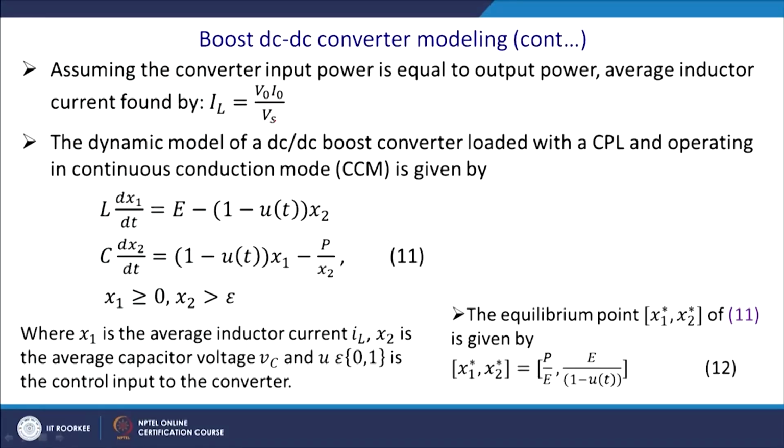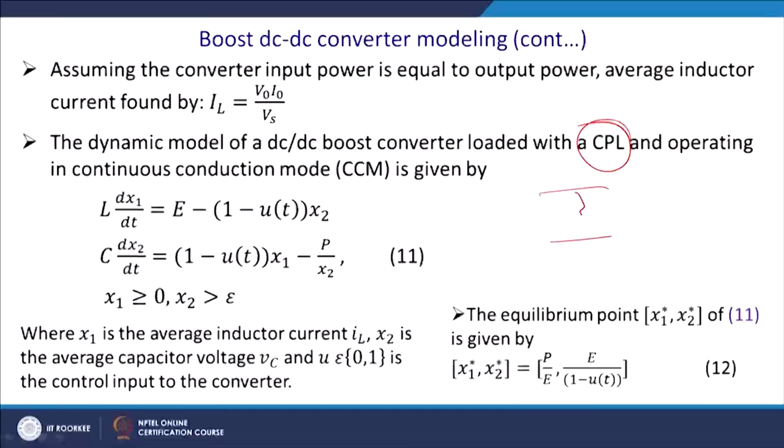The dynamic modeling of the DC to DC boost converter loaded with a constant power load is something we require to think of. Generally, once we have a parallel circuit where a load is connected, if voltage drops, wattage generally reduces, because it is basically proportional to V square by R, operating in the continuous conduction mode or CCM.